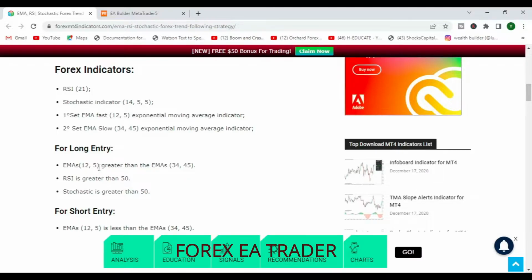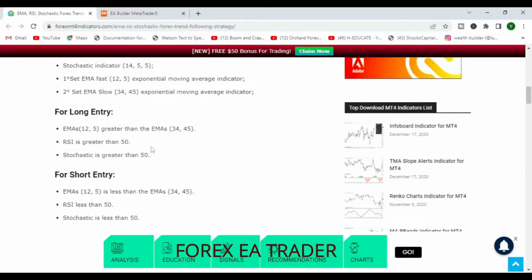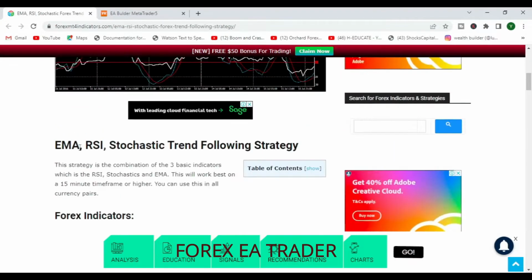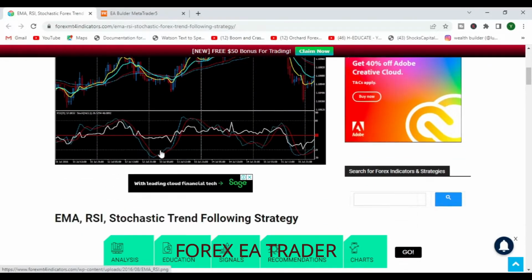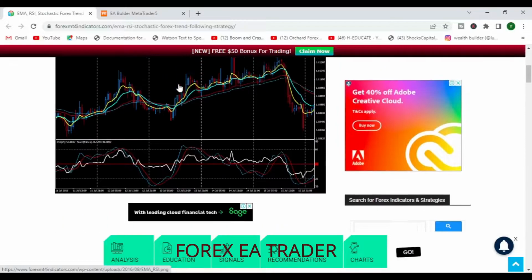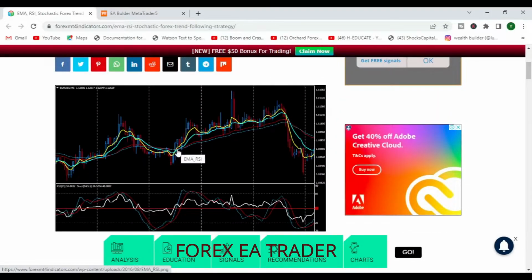But what I'm thinking also is that the 5 needs to be above the 12, and the 34 needs to be above the 45. Obviously, automatically this one will be above this one. But let's see. You can follow along and then test this thing out and see if it's going to work. Obviously, we also have the stochastic and the RSI to filter out any bad trades. So I guess this is the buy condition.